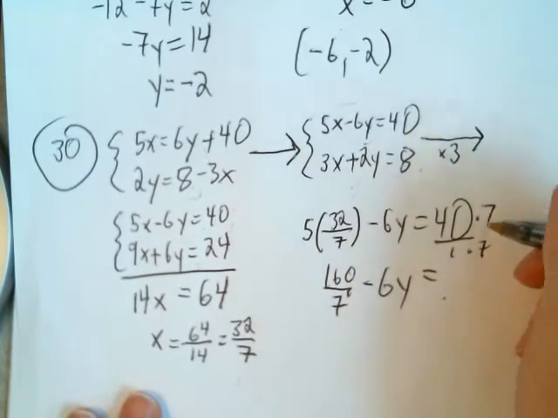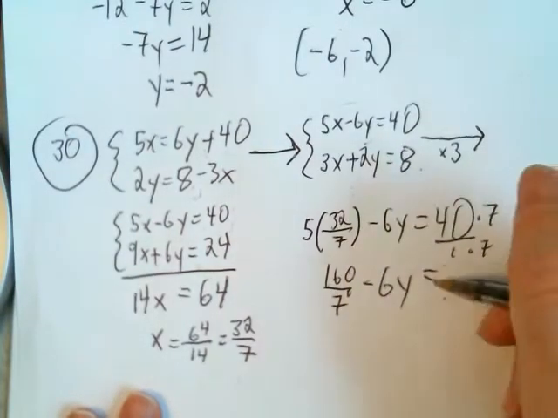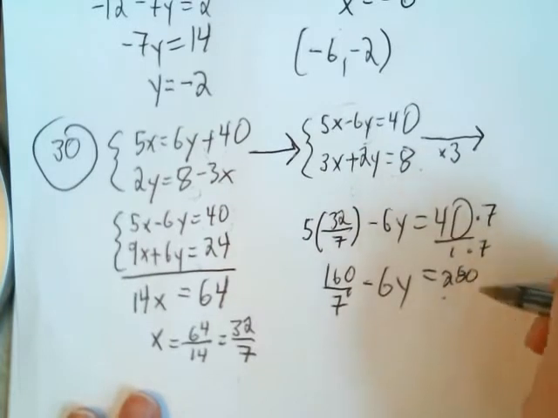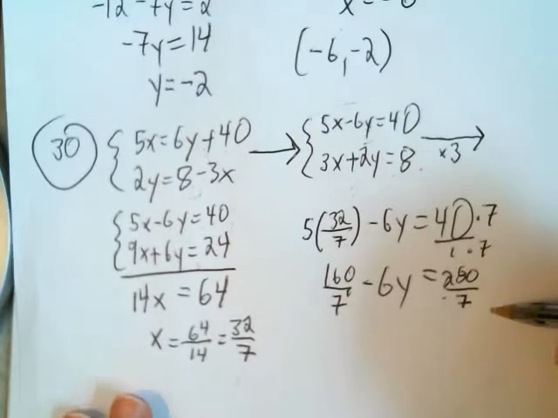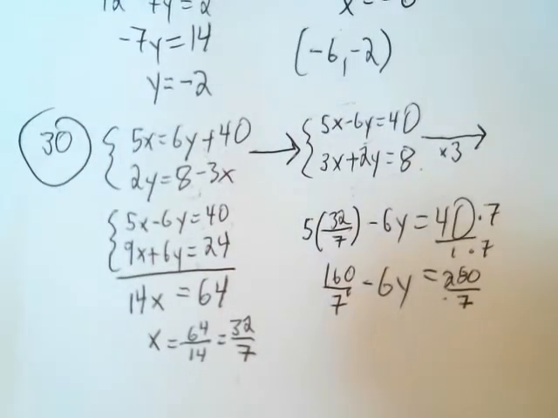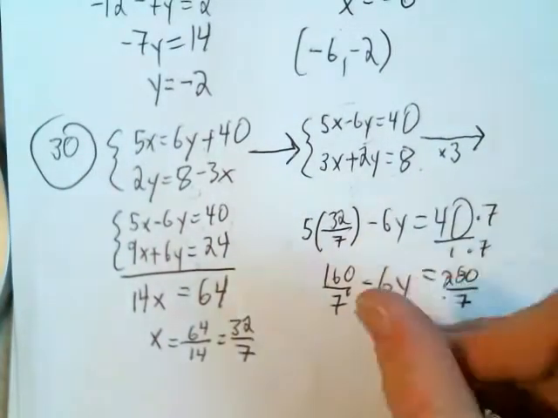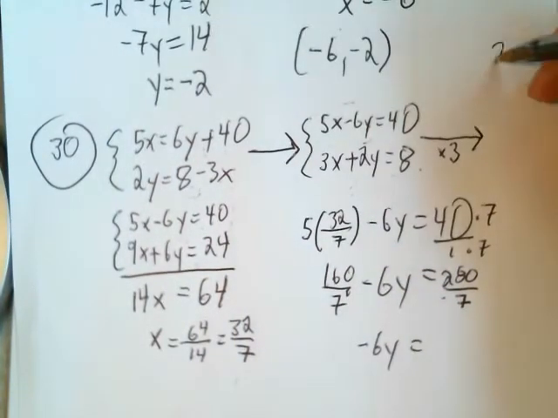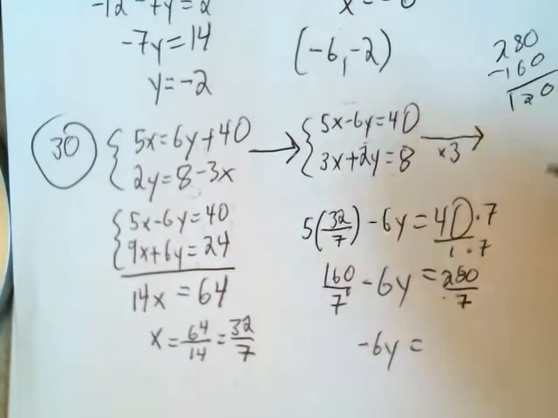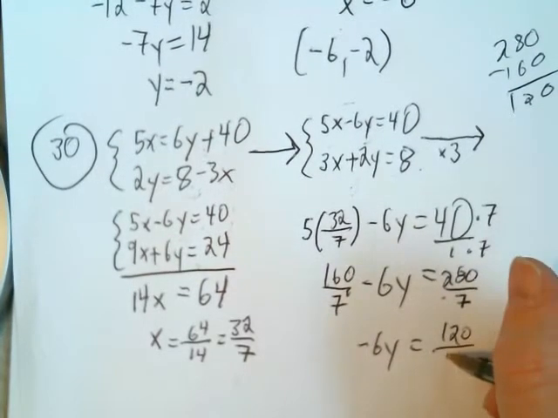I need a 7 in the denominator, so multiply top and bottom by 7. You get 280 over 7. And then subtract the 160/7 to the other side. And so 280 minus 160, so you go to 120/7.